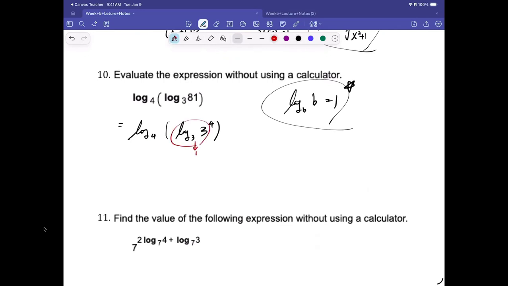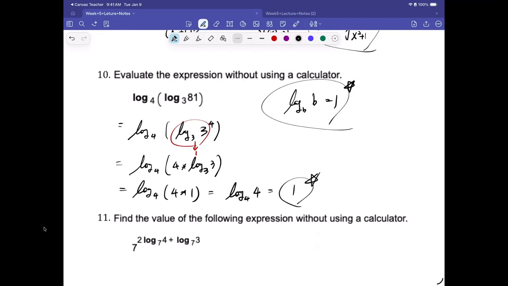So, come on. So that's why, which is also 1, right? 4 times 1 is 4, but also the base is 4.